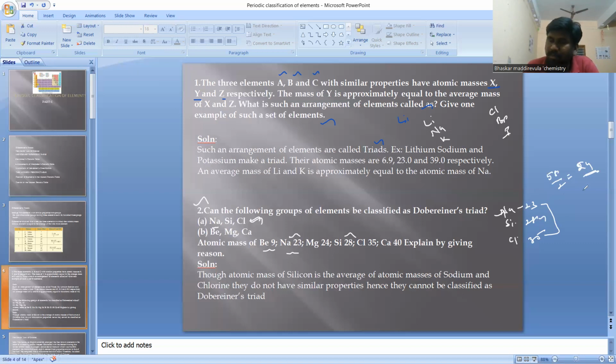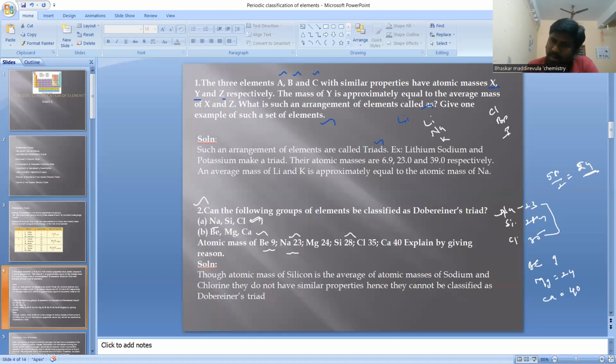Next, what about the next set? You see beryllium, atomic mass is 9. Next, magnesium, atomic mass is 24. And calcium, atomic mass is 40.